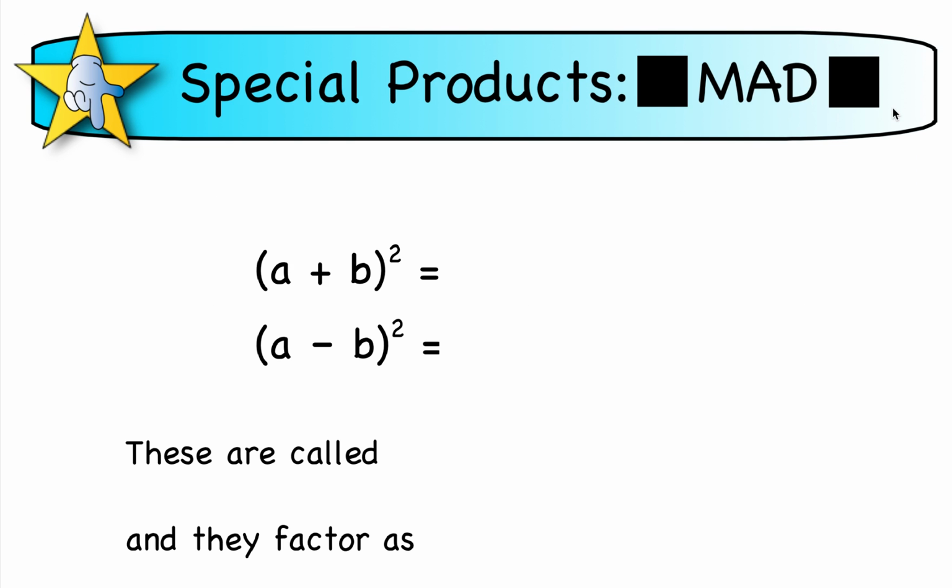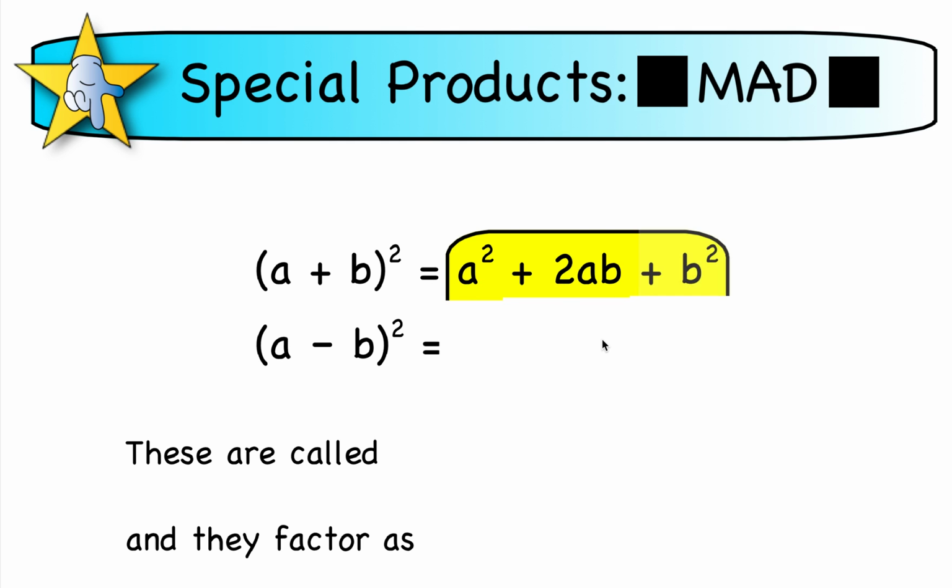So let's start off with the special product where we have a sum of two numbers squared or a difference of two numbers squared. When we have the sum of two numbers squared, that works out to be the square of the first one. And then we multiply and double those. So if we multiply a times b and then double it, we get plus 2ab. And then lastly, we square the last one.